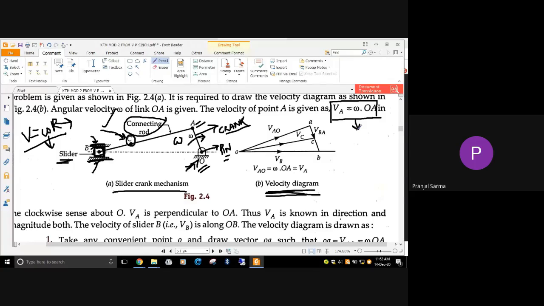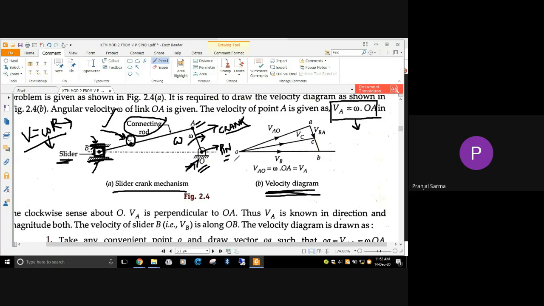Now how to draw the velocity vector diagram? We start with a point O. Consider any convenient point O, representing that particular fixed point.